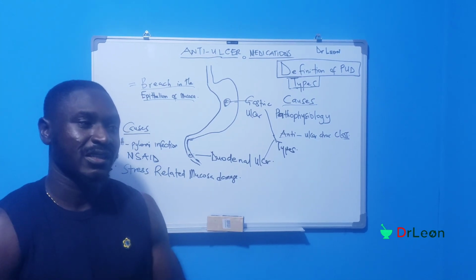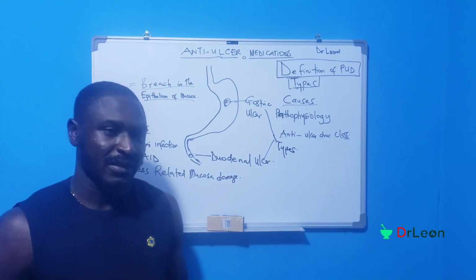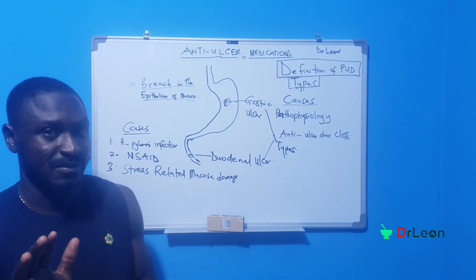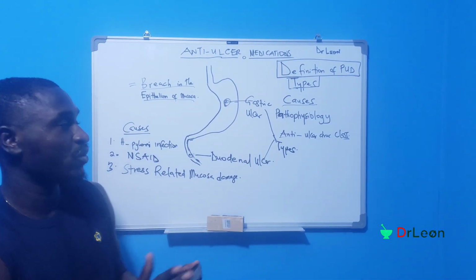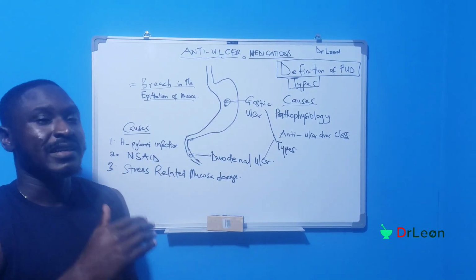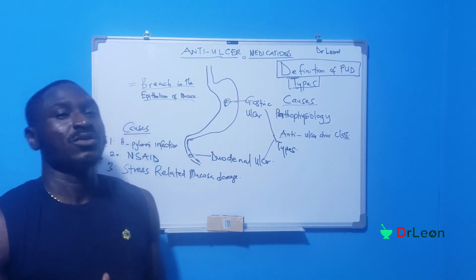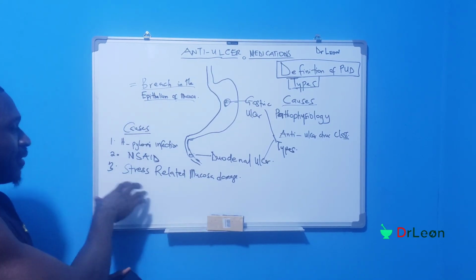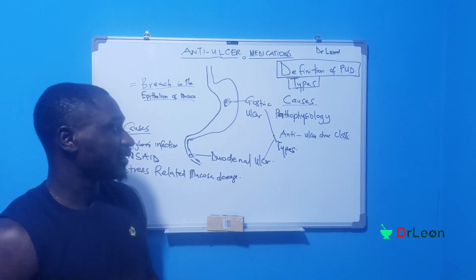Stress can also lead to the production of catecholamines, and these catecholamines cause vasoconstriction. Basically, they reduce blood flow to the stomach or the duodenum, thereby reducing the extent of mucosal formation.